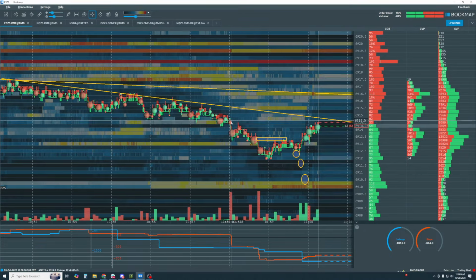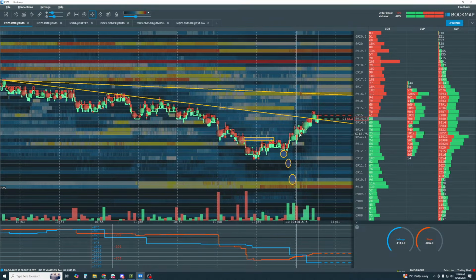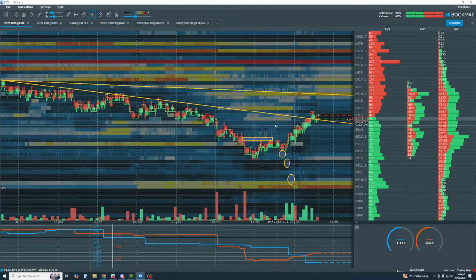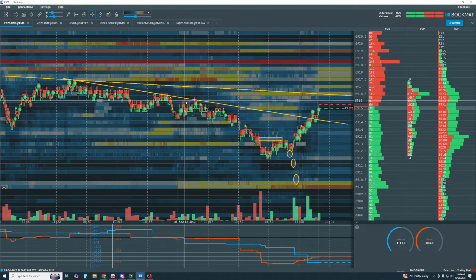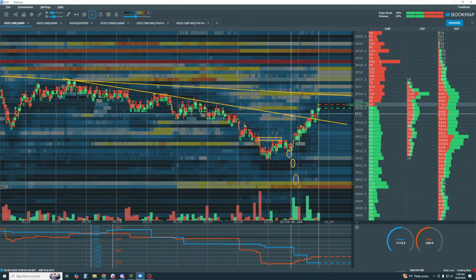We didn't get the sellers we were looking for down here, around this 12 and a quarter. Okay, and now we're going to get the squeeze to the upside. Okay, back up into the range. Maybe even back up into 19 or so.